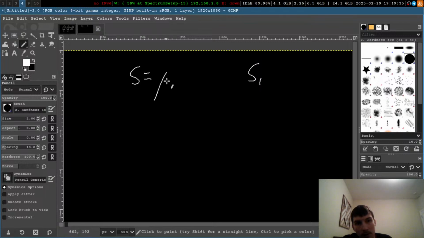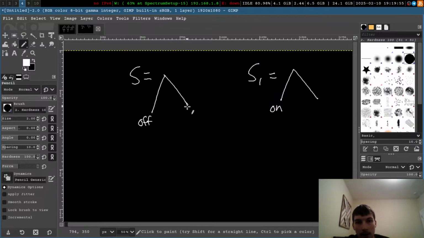Here's our S, and here's our S1. Our S is a tree in which there is some option that went from off to on.